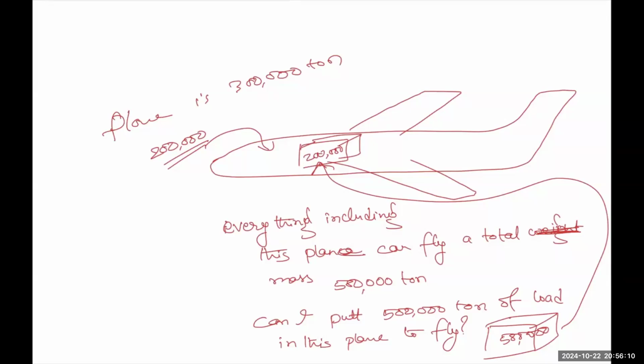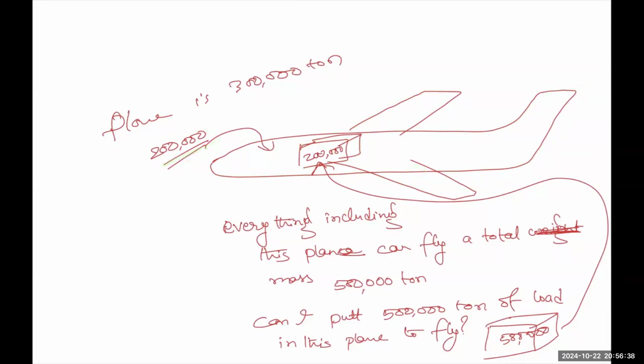this is like a metal engine, this is a metal box, and then this 200,000. Okay, to fly, what do you need? Can a plane just fly? No, you gotta have fuel. So do I need room for fuel? Yeah. So can I put 200,000 tons?